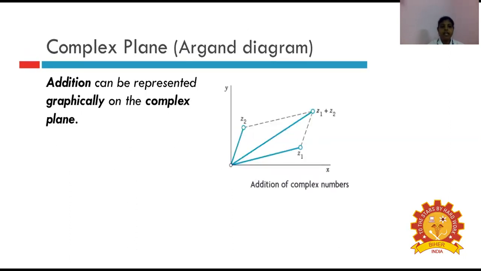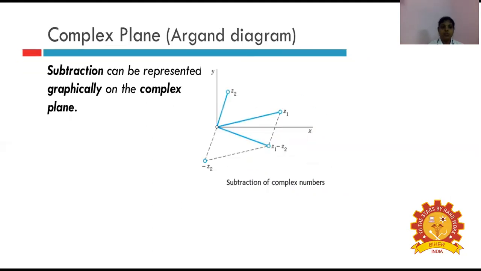Addition can be represented graphically on the complex plane, that is Z1 plus Z2. Next is subtraction. It can be represented graphically on the complex plane by Z1 minus Z2.